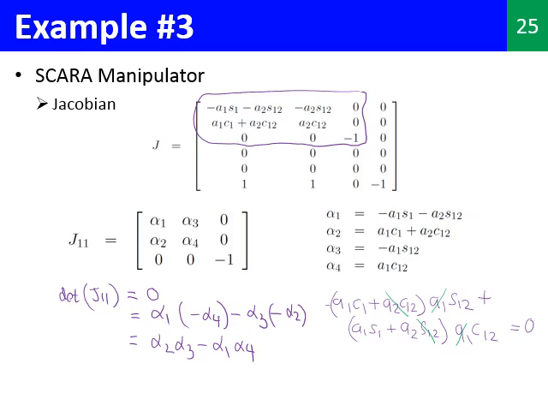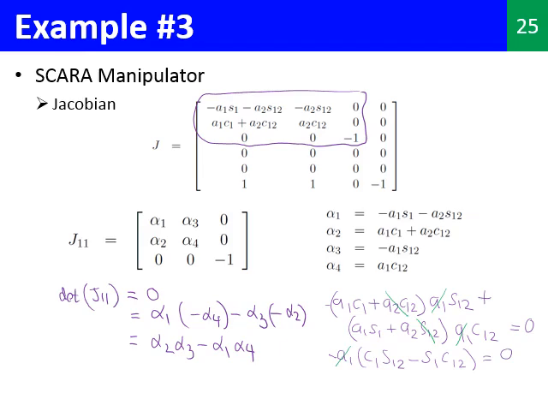Therefore we can write the remaining terms as minus A1 times C1 S12 minus S1 C12 equals 0, so A1 will also cancel.